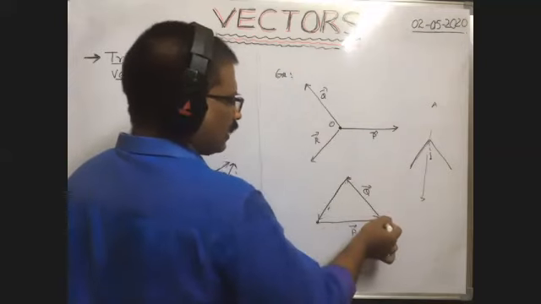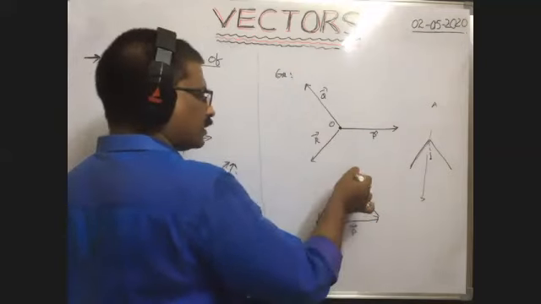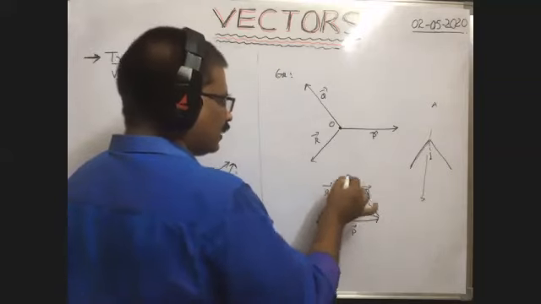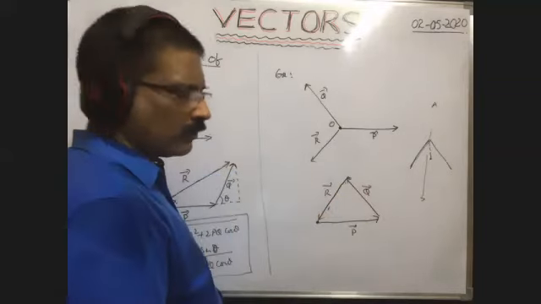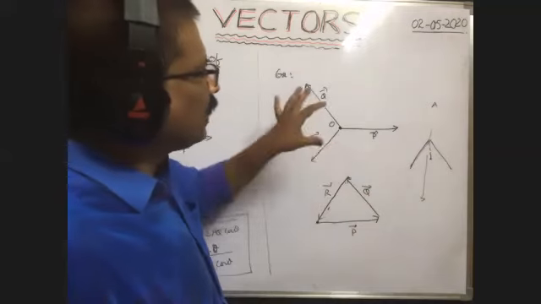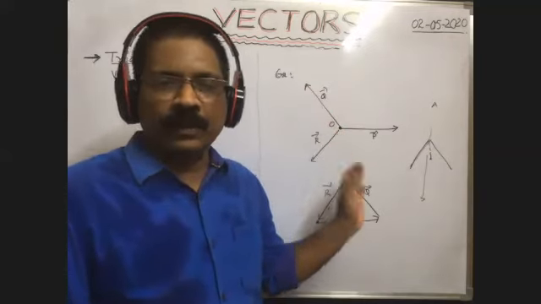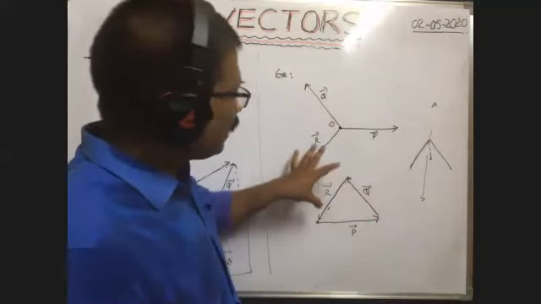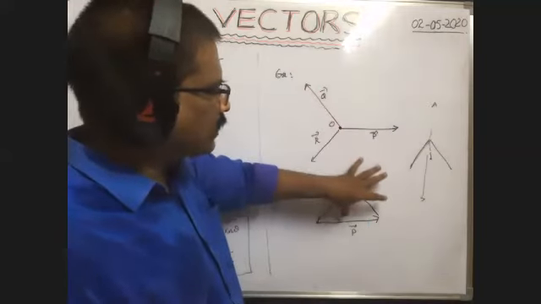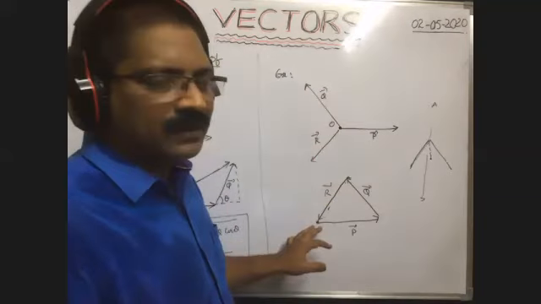Here one vector is taken in this direction, one vector in this direction, another vector in this direction. Here this must be equal to R bar. In this way, when 3 vectors act on a particle simultaneously and keep the particle in equilibrium, then the 3 vectors can be taken as the adjacent sides of a triangle taken in order.